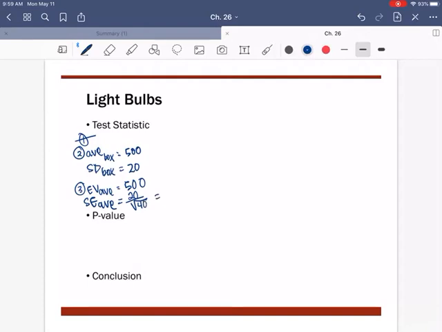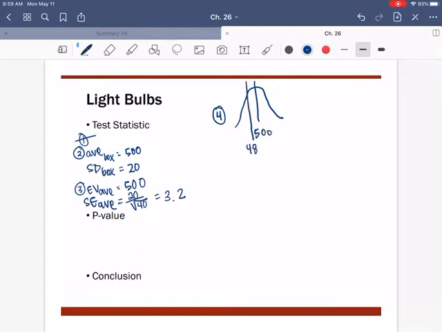How many did we draw out? 40? Okay, 3.2. It's not a percent because these are averages.